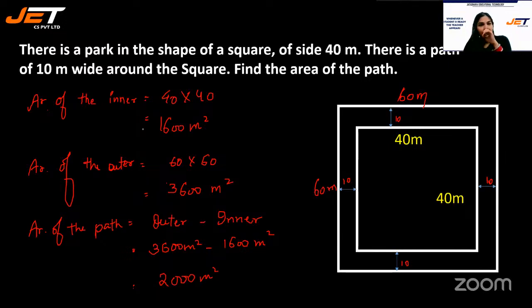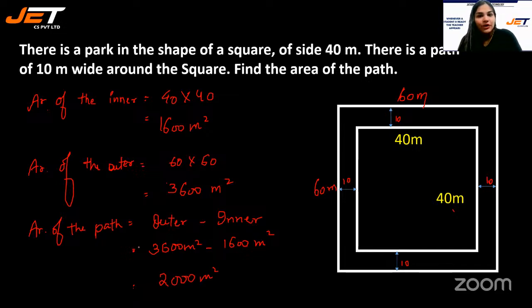Again repeating, the inner one is 40 times 40, which is 1600 square meters. Outer is 60 times 60, which is 3600 square meters. Outer minus inner is 2000 square meters.